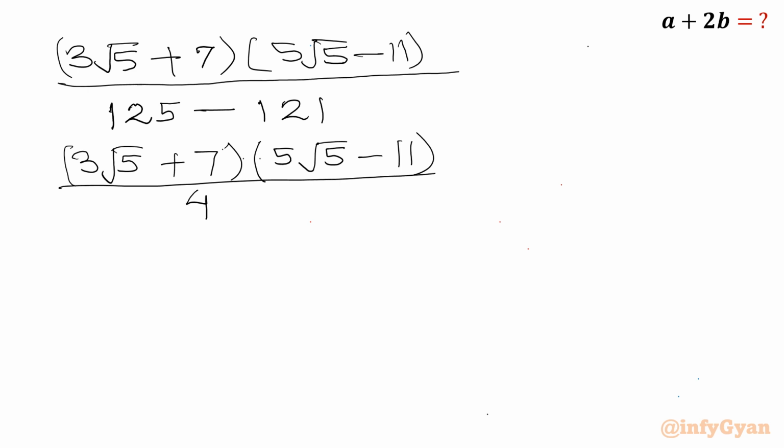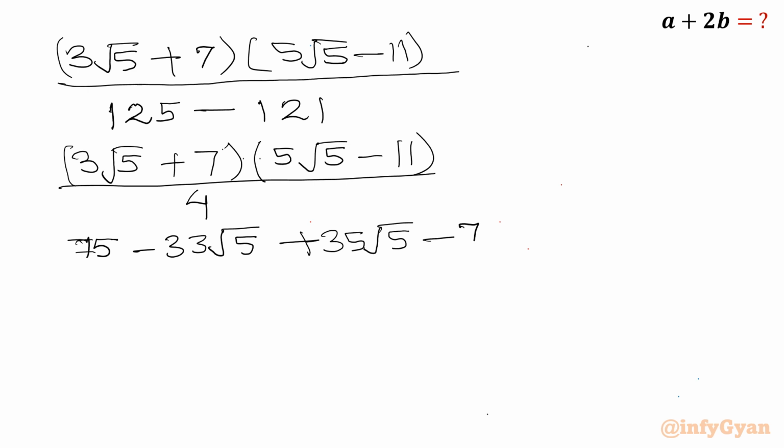Now we will expand or multiply these two brackets in the numerator. So I can write here 15 times 5, so let me write 75. Then minus 33 root 5. Then plus 35 root 5. And then minus 77 over 4.